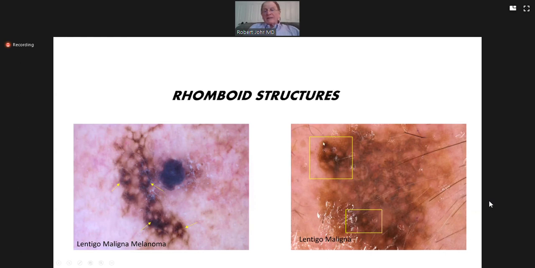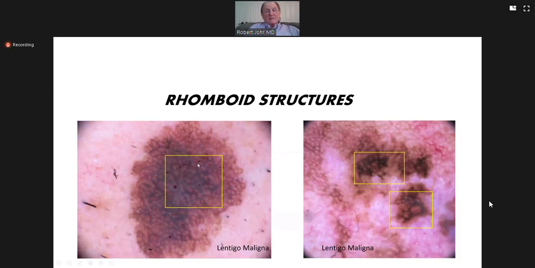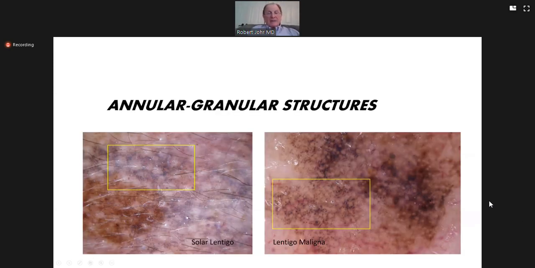So we have complete, irregular pigmentation around the follicular openings. And this looks like pigment network, but it's just combined, rhomboid structures, complete thickening or complete pigmentation around the follicular opening. So melanoma criteria. Then there's annular granular structures, which are also associated with melanoma, but not always.